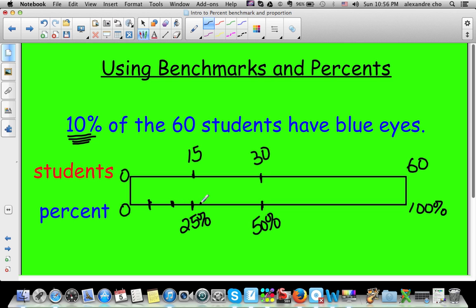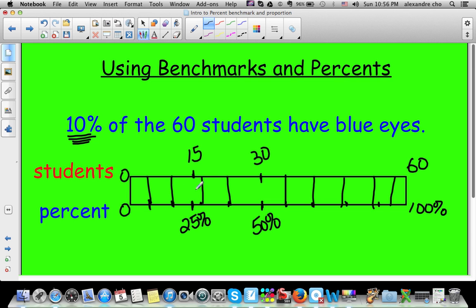20, a little bit would be 30, 40, 50, 60, 70, 80, 90. 10%, 20%, 30%, 40%, 50%, 60%, 70%, 80%, let's just make one here, 90%. So remember when we did a tape diagram?